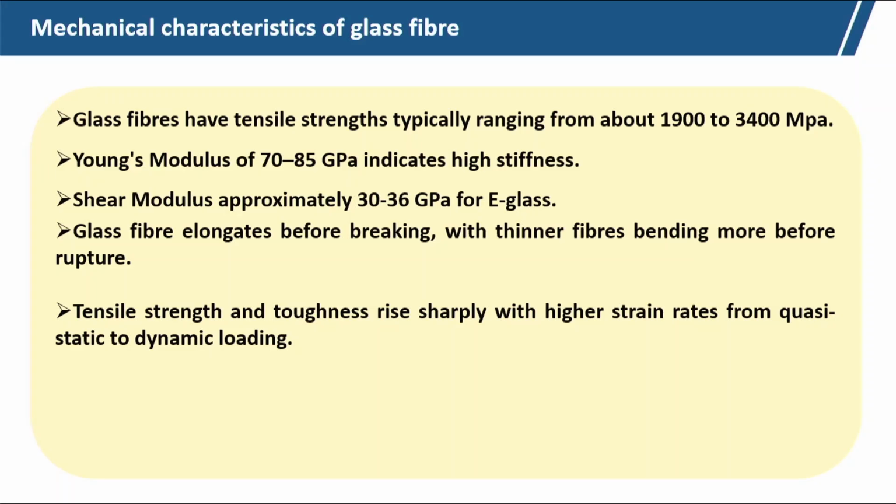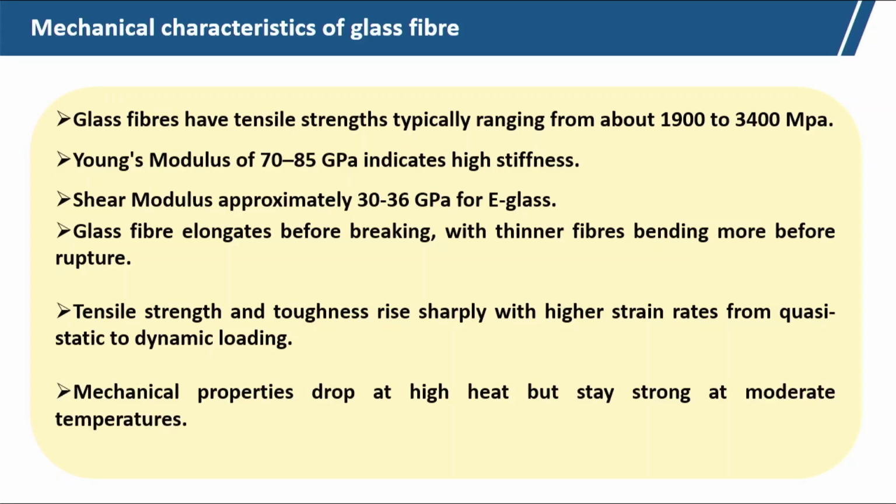So, at a high strain rate the tensile strength and toughness increases. The mechanical properties drop at high heat, but stay strong at moderate temperature. So, at high heat the mechanical properties drop.